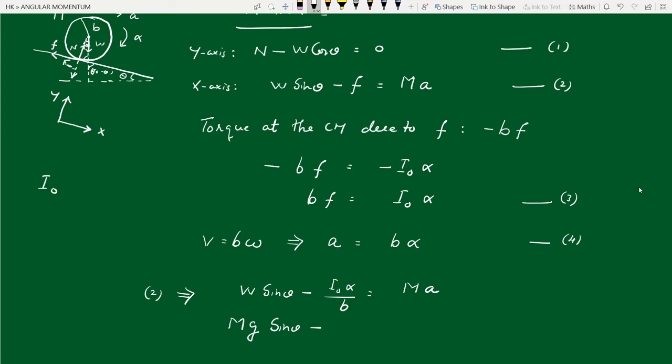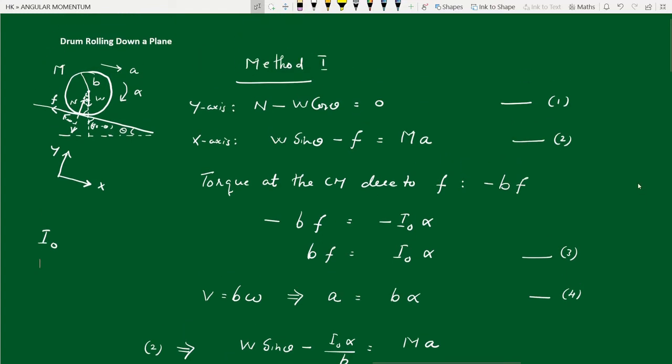A drum is like a solid cylinder. The moment of inertia about this axis of rotation, the perpendicular axis passing through the center of mass, is half m r square for a solid cylinder. It is the same as that of a disc, because a solid cylinder can be considered as composed of a large number of uni-axial discs.